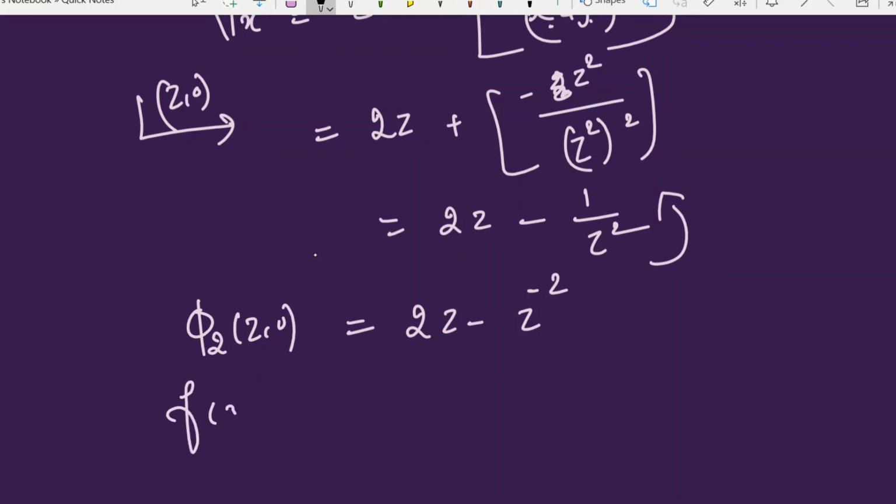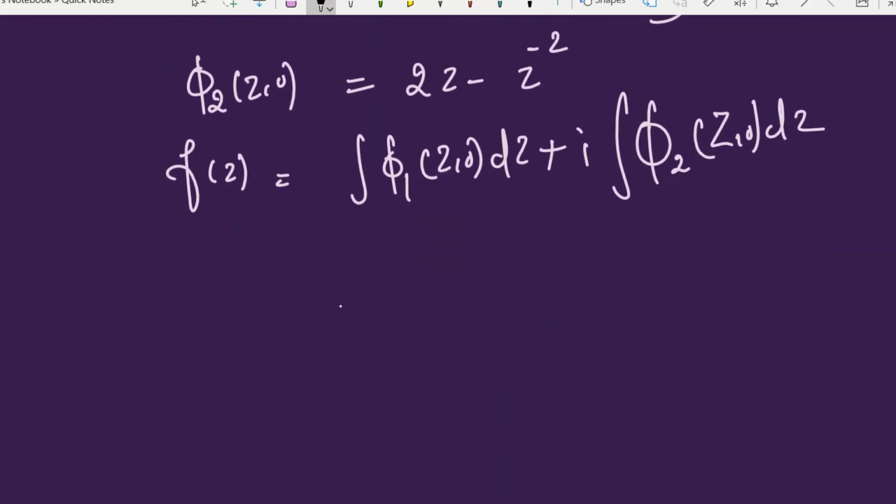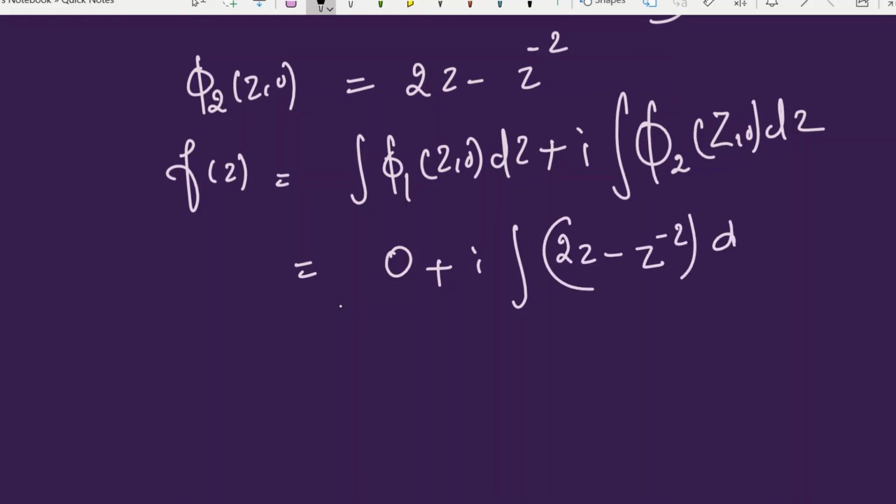So our formula is phi 1 of z comma 0 dz plus i phi 2 of z comma 0 dz equals 0 plus i phi 2 value is 2z minus z power minus 2 dz.